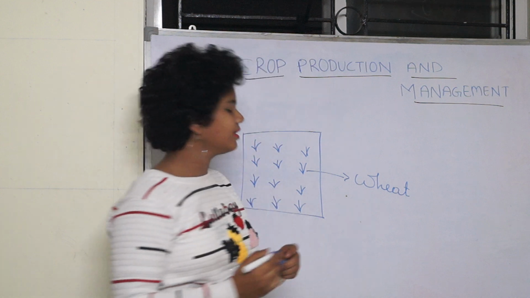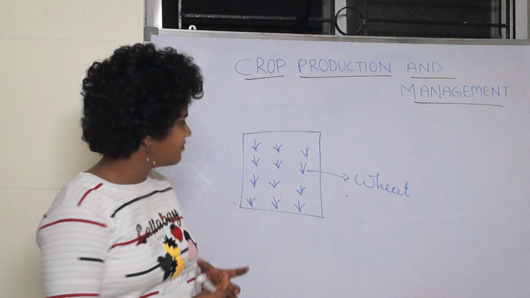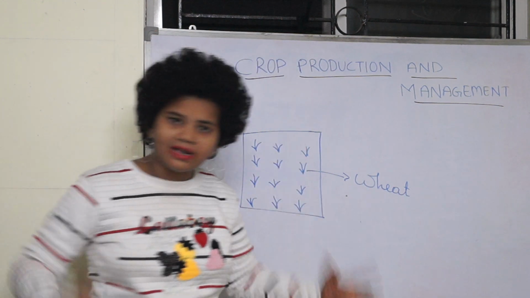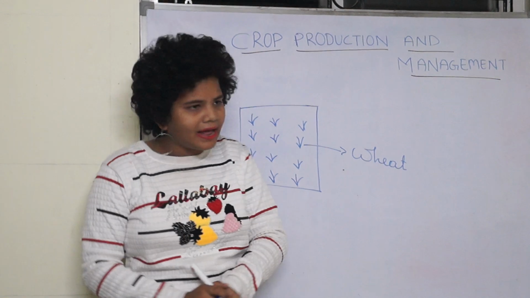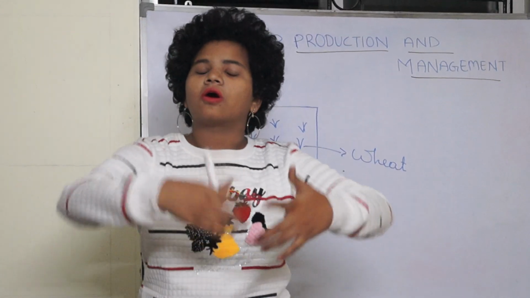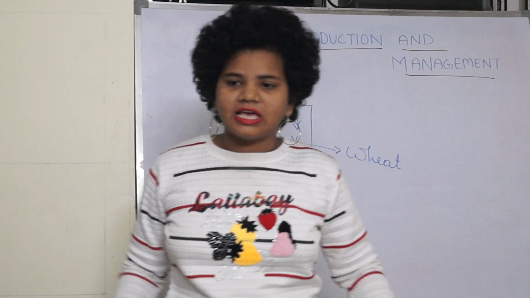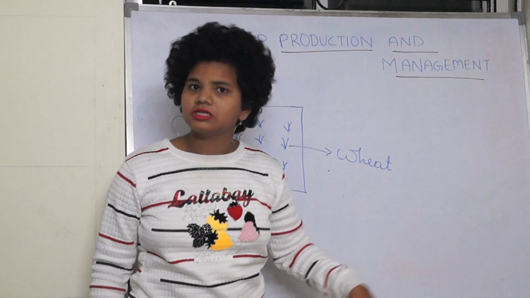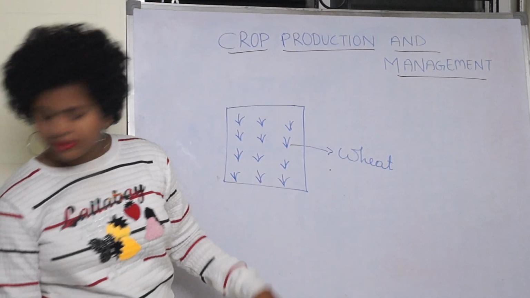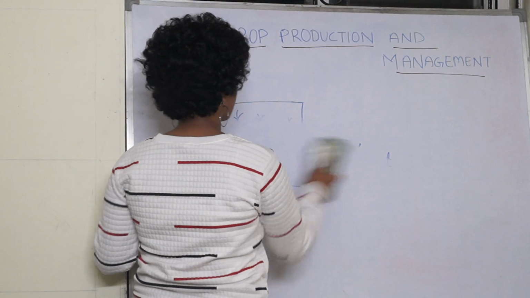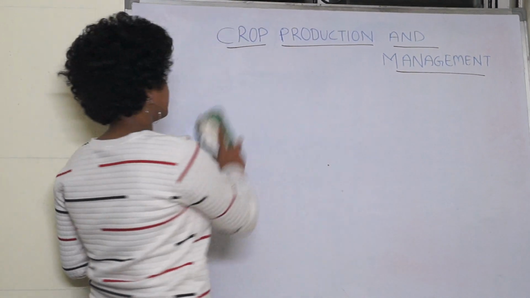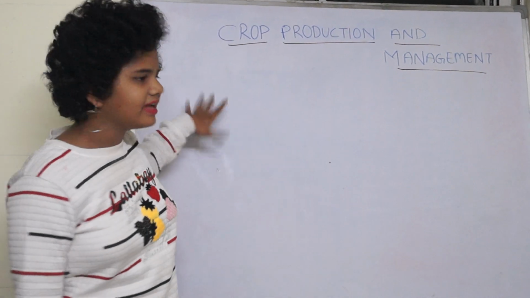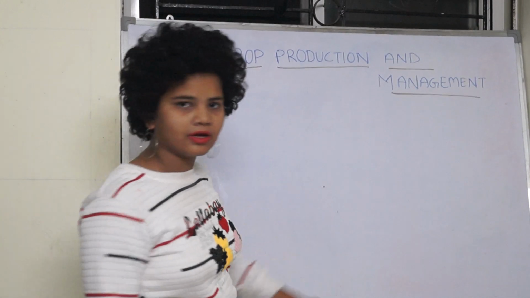Here I am growing wheat on a big scale of land. So the same kinds of plants which are grown on a large scale are called crops. Understood? Now we have completed crops. Next we have kharif crops and rabi crops.